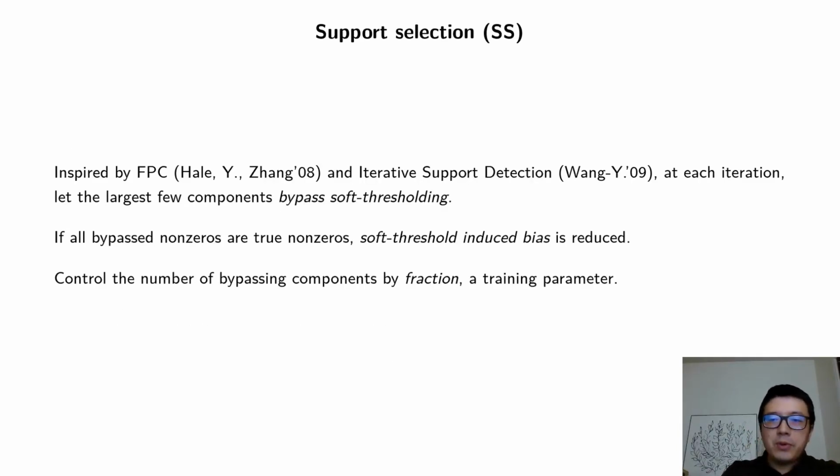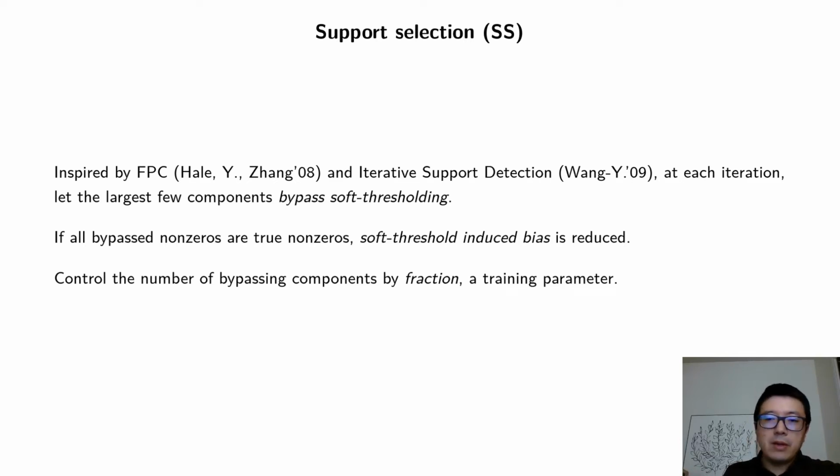And then we incorporate another technique, which I developed at Rice University with my co-authors Elaine Hale, Yin Zhang, and Yilun Wang, more than 10 years ago. The idea is that in each iteration, we let the largest few components in xk bypass soft thresholding.